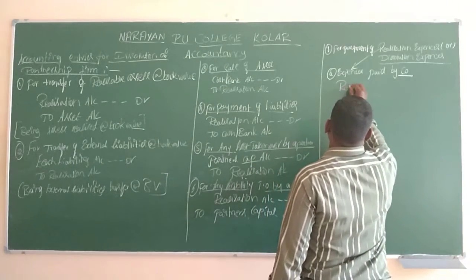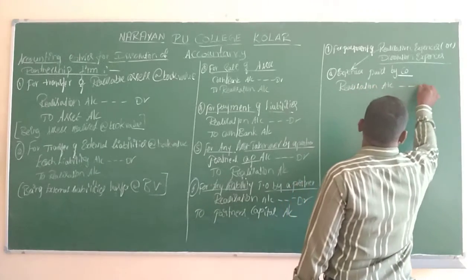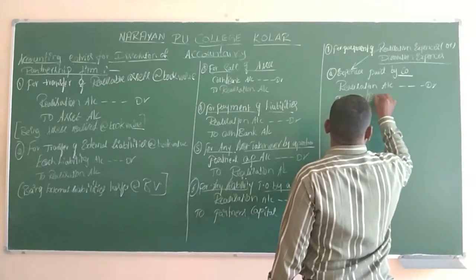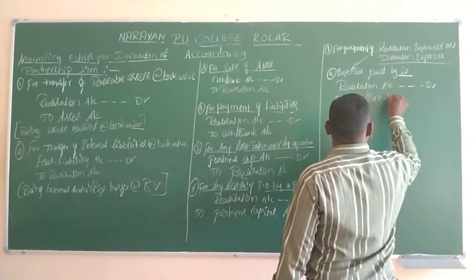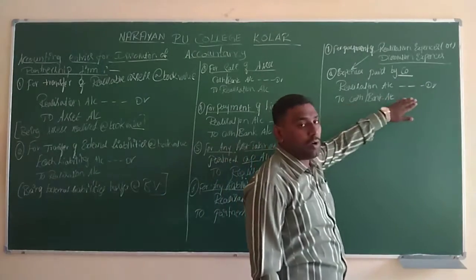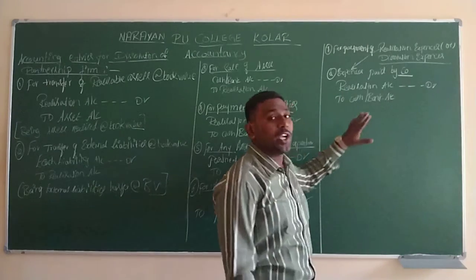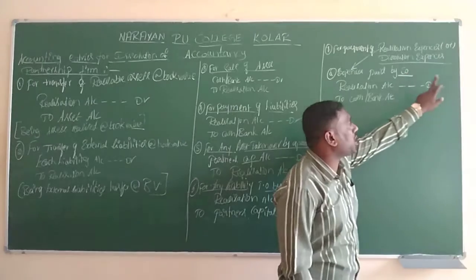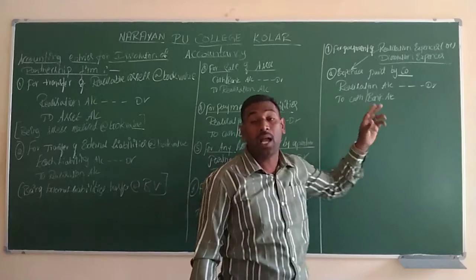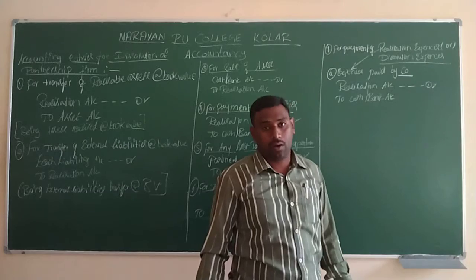Realization account debit, to cash or bank account. Where do we record this value? Under the heading step number 7 of the realization account we write cash or bank account. The value is recorded on the debit side of the realization account, and it is recorded again under the heading cash or bank account.